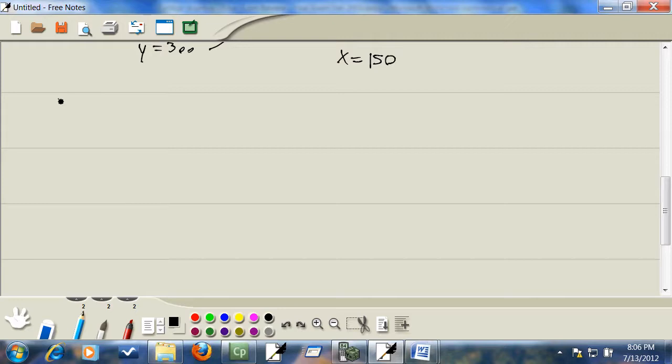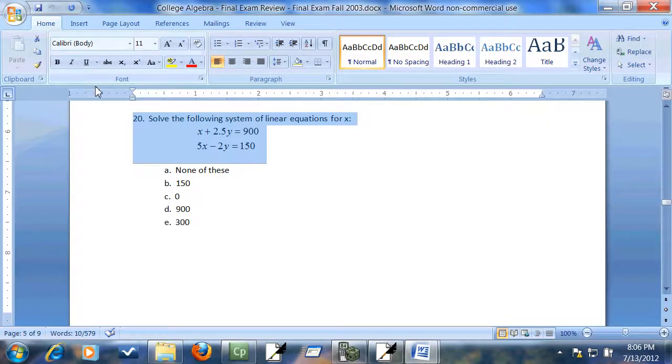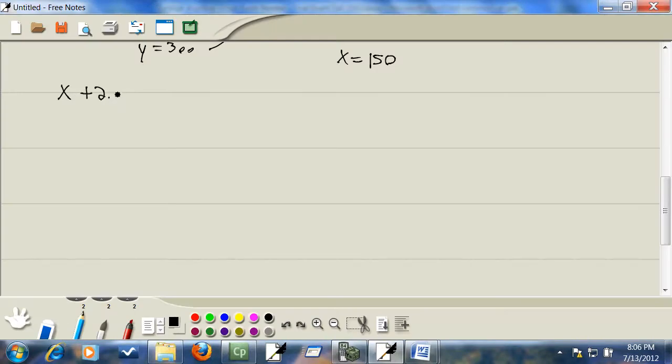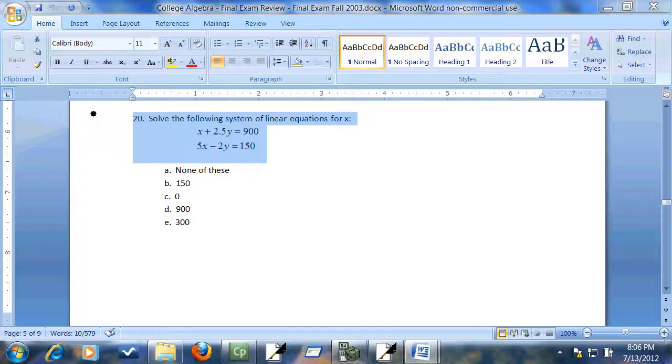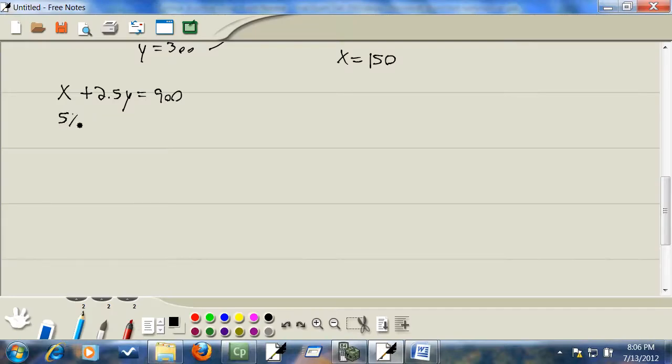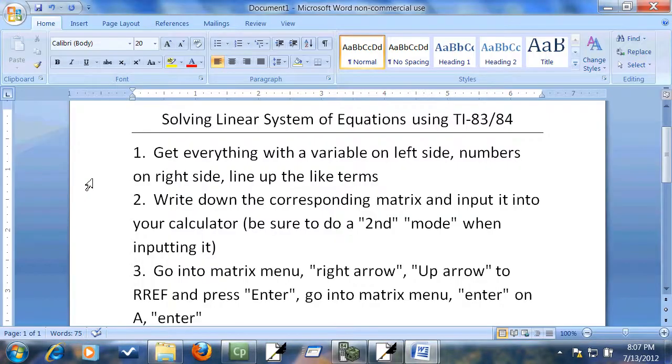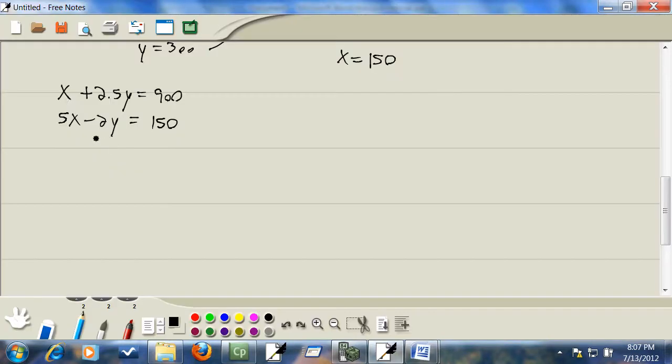Third way. Okay, so we got x plus 2.5y equals 900. And we got 5x minus 2y is equal to 150. Step 1, get everything with variable on the left side, numbers on the right side, line up the like terms.